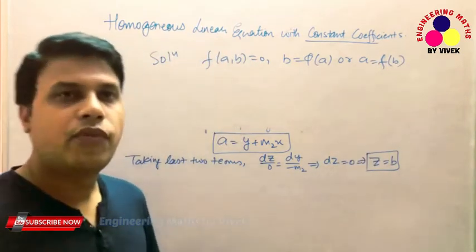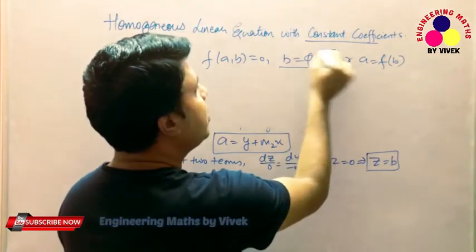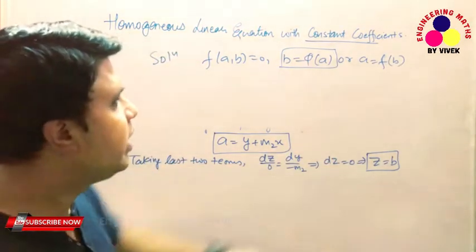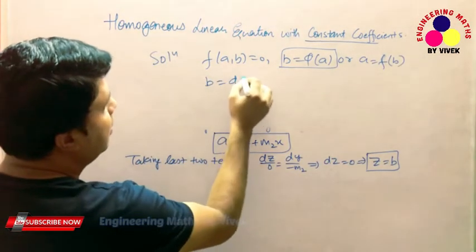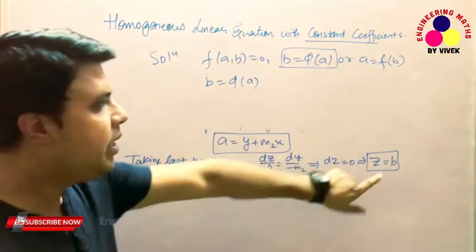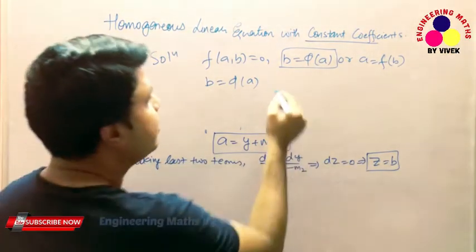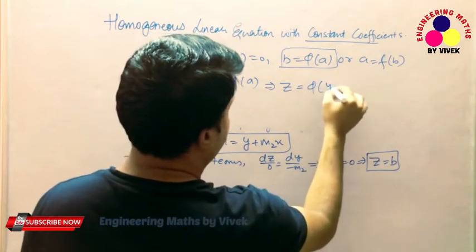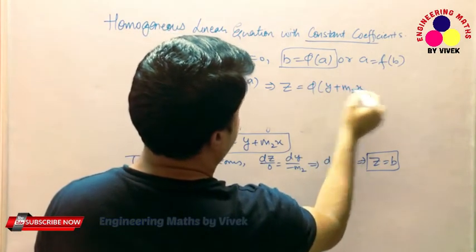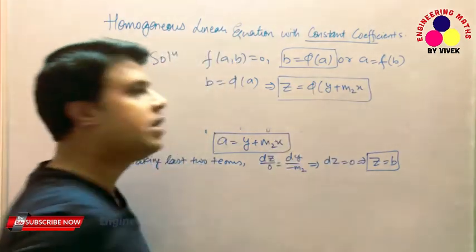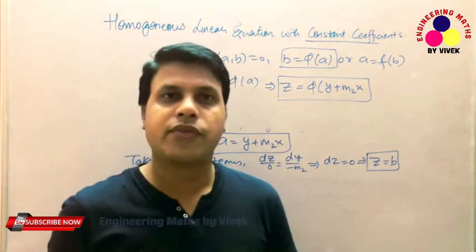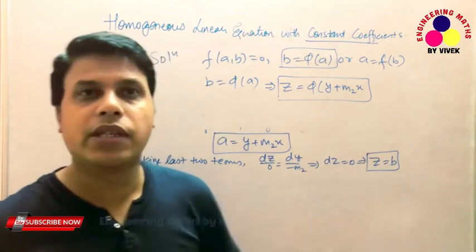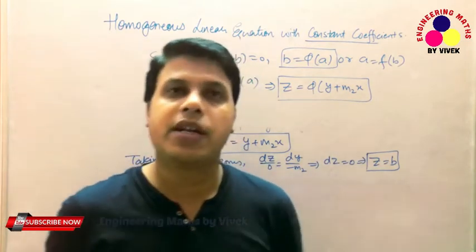We can choose any form, and generally we prefer this one. So we are going to take b equals phi a, and the value of b is z, so this is the solution of the differential equation if we have considered the given terms equal to 0.